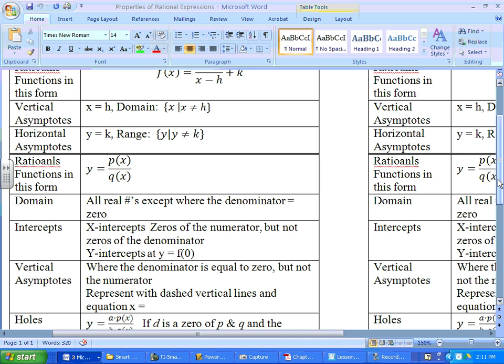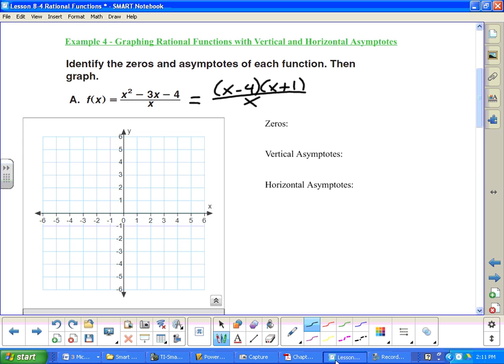Intercepts or zeros. X-intercept zeros are the zeros of the numerator, but not zeros of the denominator. So we want to find out when is the numerator equal to 0. Well, when it's in factored form, that's easy to see. Okay. What are the zeros here? So we've got 4 and negative 1 are the zeros, because that's where the numerator is equal to 0.